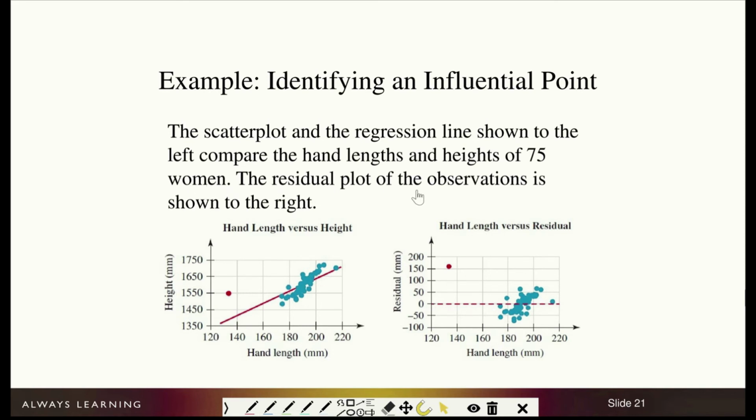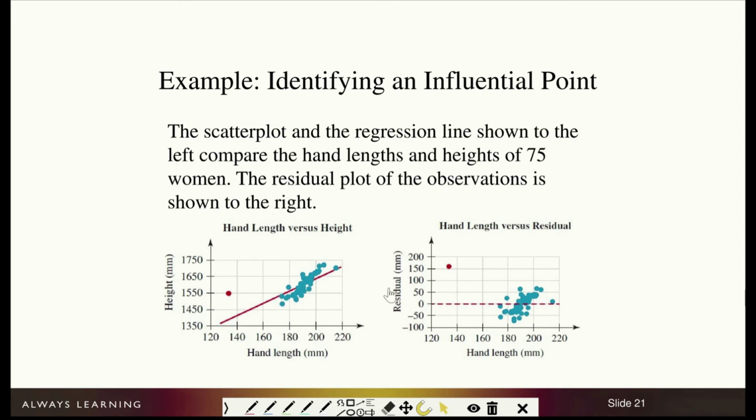The residual plot of the observations is shown on the right. So this is the residual plot, and this is the actual plot of the data, right? Notice that one point seems to lie quite a bit off in this graph right here, and also in the residual graph, right?